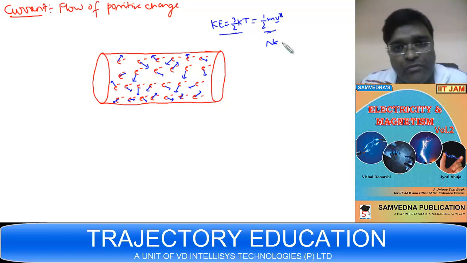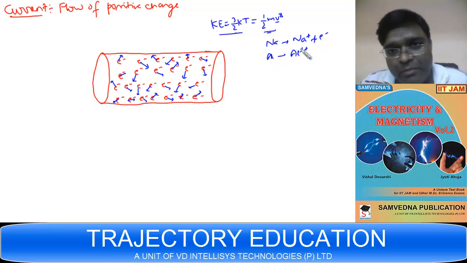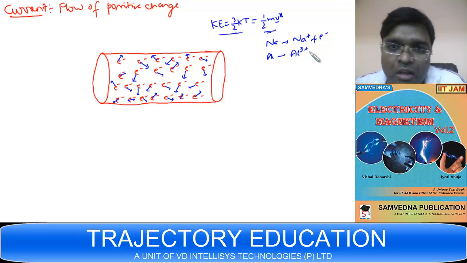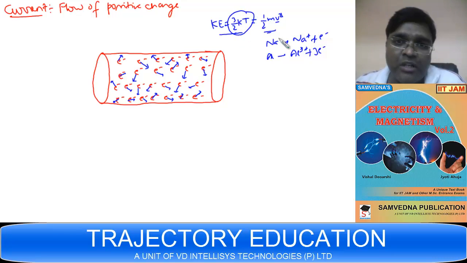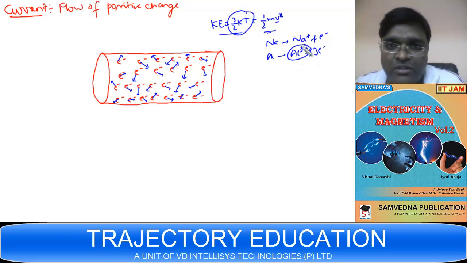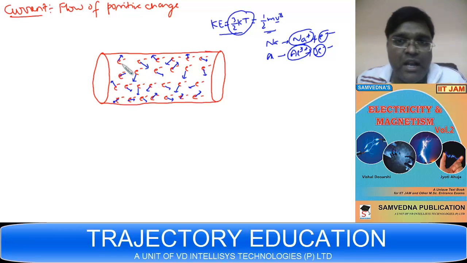If I have sodium existing as sodium plus, electron minus, like aluminium exists as aluminium 3 plus and 3 electrons, this 3/2 kT may not be enough to move these ions. They are located at the lattice points. So this thermal energy is not enough to move these heavy metallic ions, but it is enough to move the electrons. So the electrons keep on moving; they have a random motion.